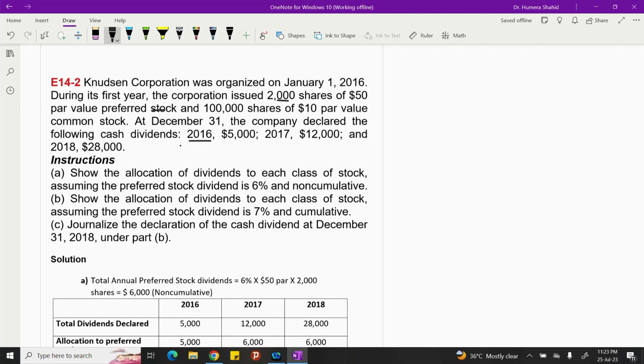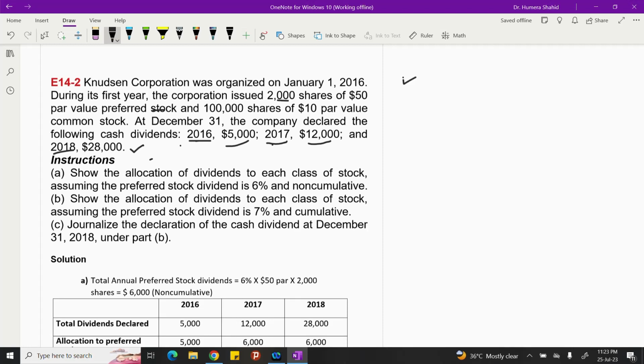In 2016, the year of organization, December 31st, the company declared $5,000 cash dividend. December 31st, 2017, it declared $12,000 cash dividend. And in December 31st, 2018, it declared $28,000 cash dividend. So three years of consecutive cash dividend information is with us.